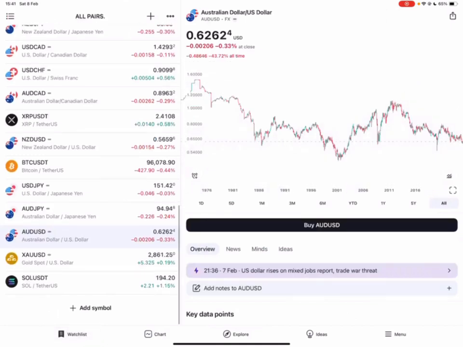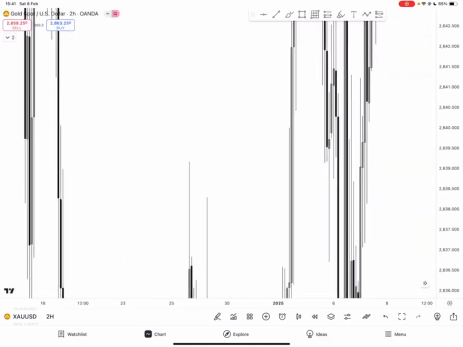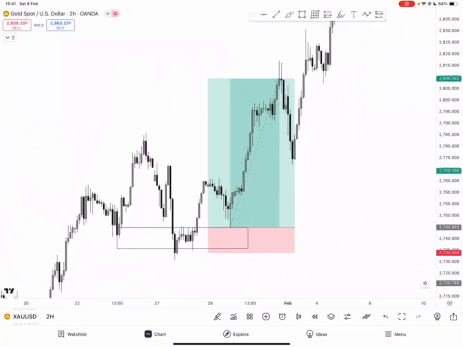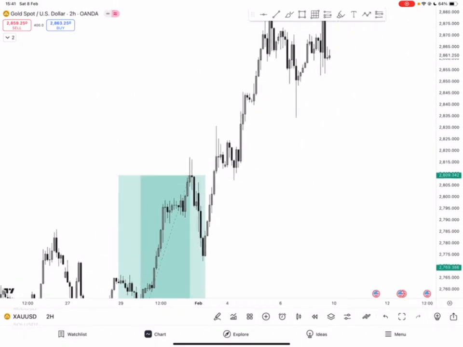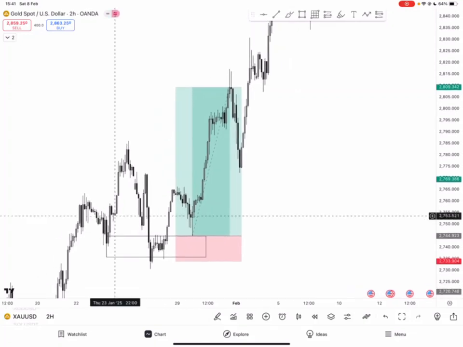And I think this reclaim block has played out a lot on gold, a whole lot this year. So many times. You can see this is last week's price action. This should be the 29th of January. You can see a bullish order block.